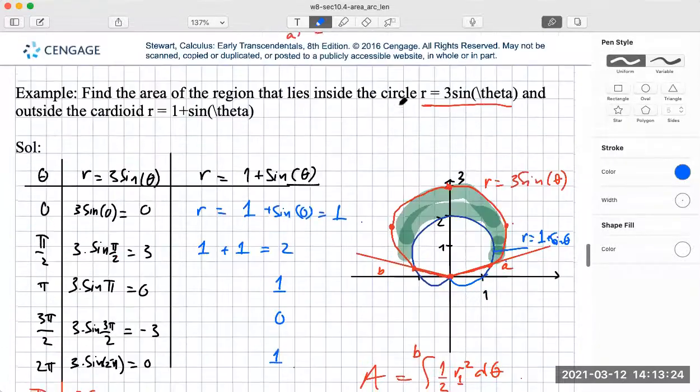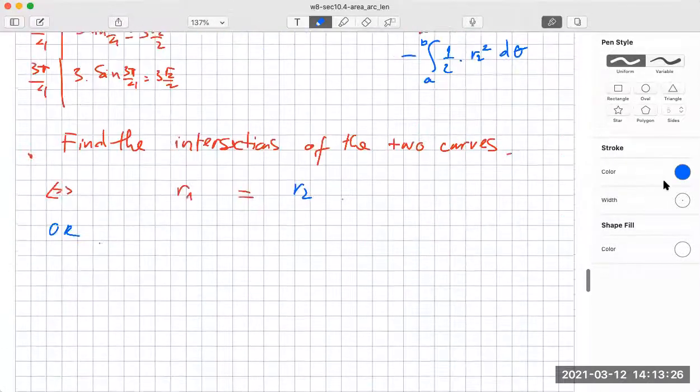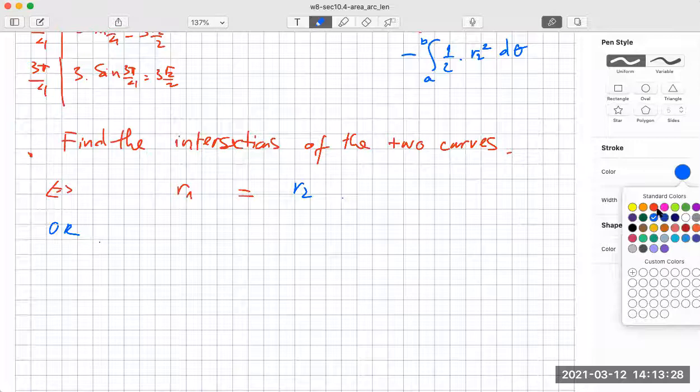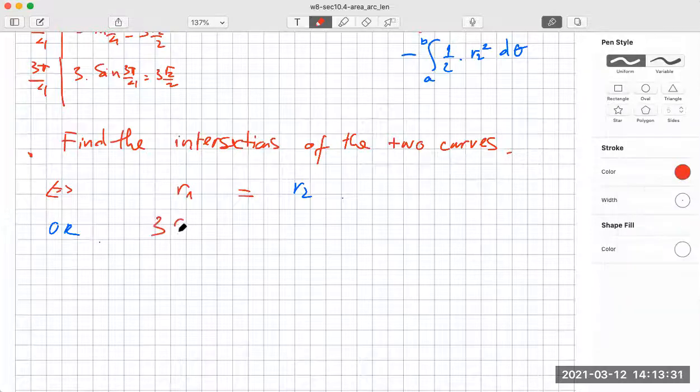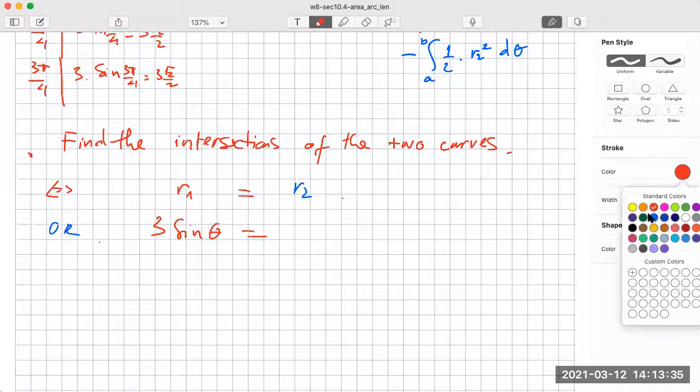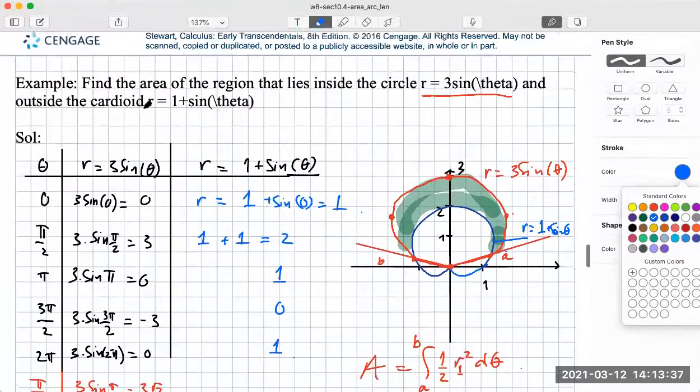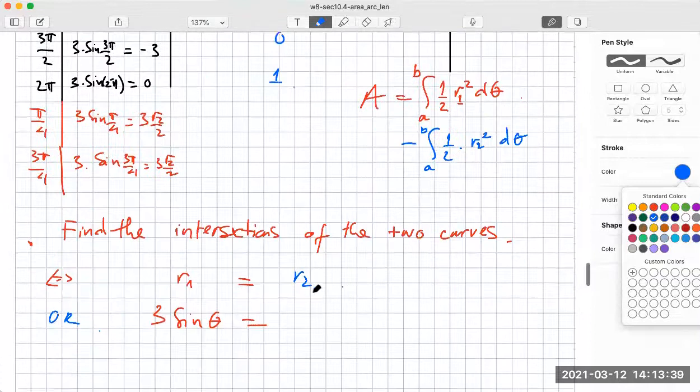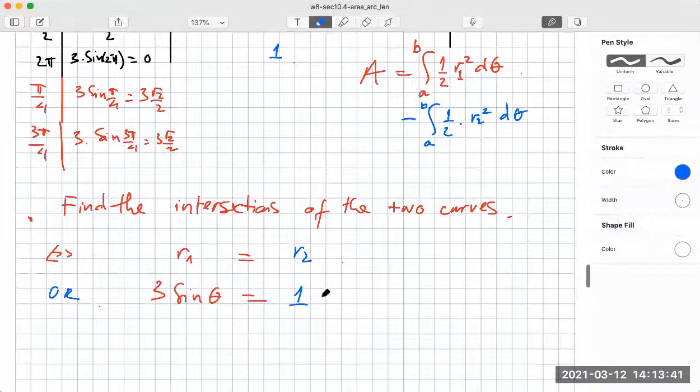Or the equation here, 3 sine theta is equal to the curve of the second line here, which is 1 plus sine theta. Is it clear up to this point?